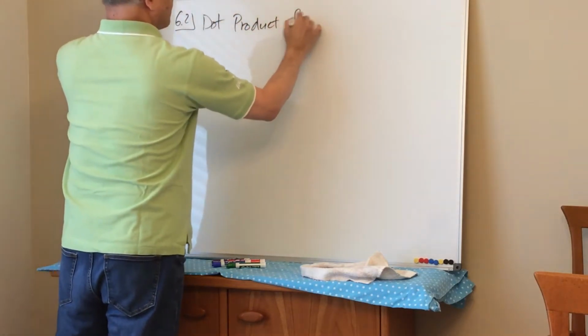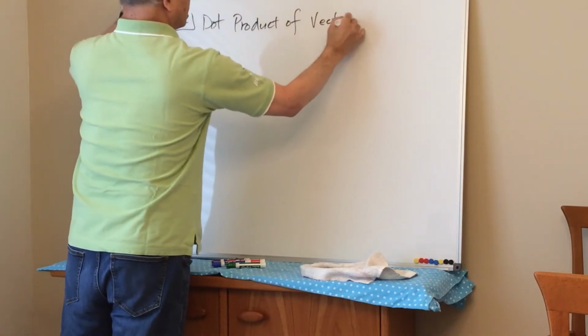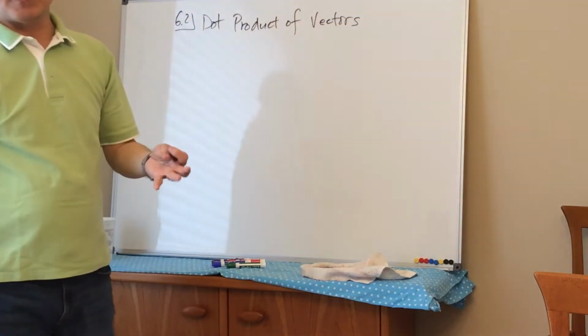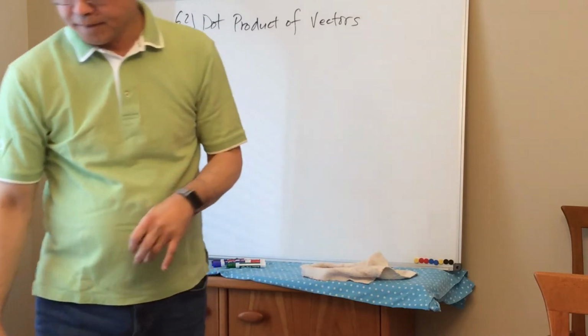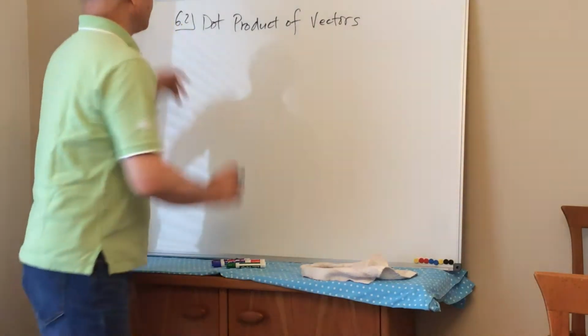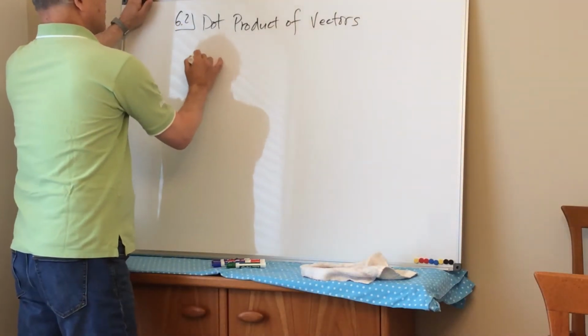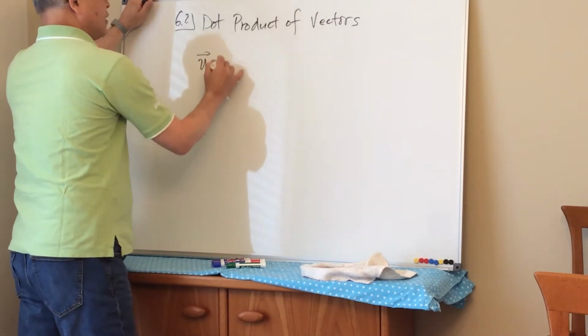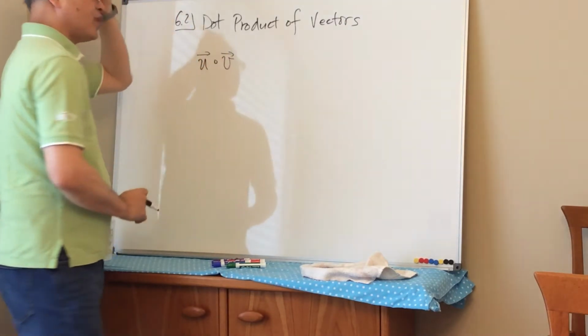Dot product of vectors. This is something you have never seen before. It's brand new, all right? So the dot product is defined as u dot v like this.